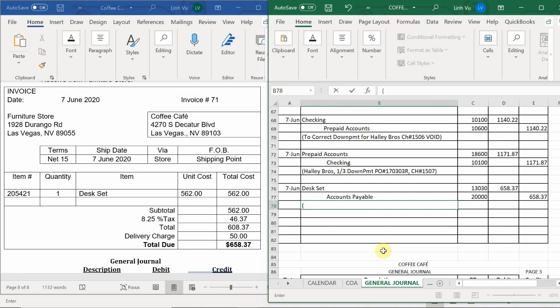What's my description going to be? Who did I receive a bill from? From furniture store. All right. What was the billing invoice number? 71. Okay, and how many days do I have to pay? Net 15. Okay, and that should be good enough.